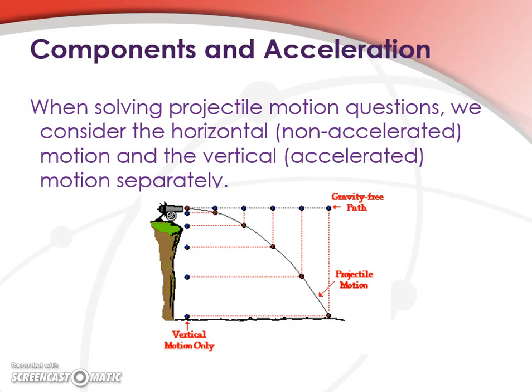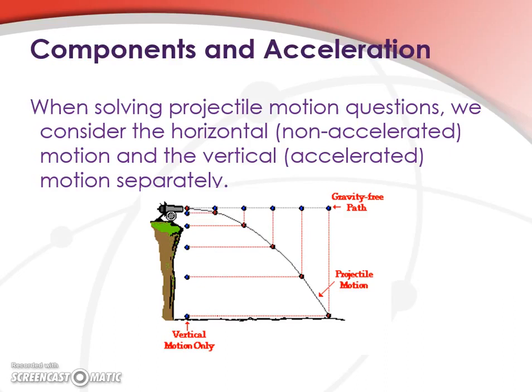Today we're going to consider the problem of projectile motion and predicting the position, the velocity, or the range of a projectile. Previously we talked about the equations that define projectile motion in the x and y domain.